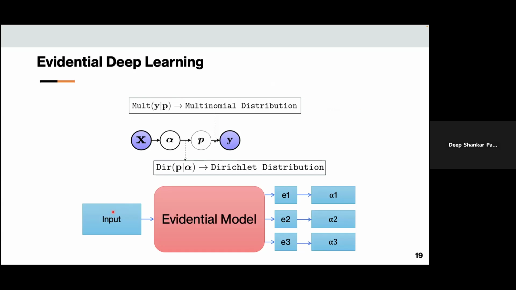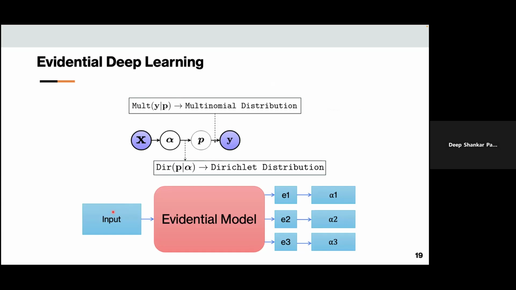So to better understand how it can express the two uncertainties, I don't know and I'm confused, let's get back to the original example. For a cat input image, it can basically output high evidence for the cat class, and zero or low evidence for the other classes. If the output is something like this, then the Dirichlet distribution becomes something like this.